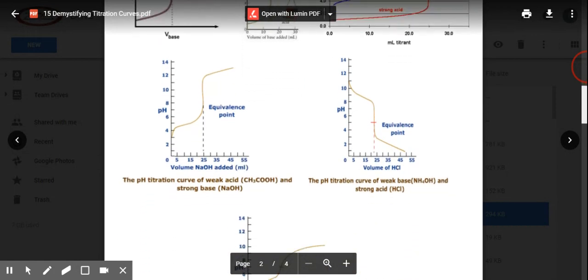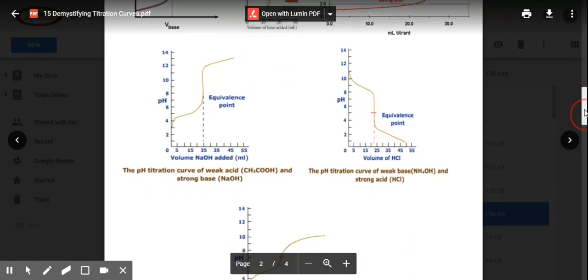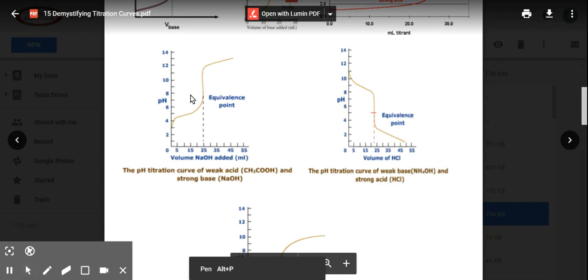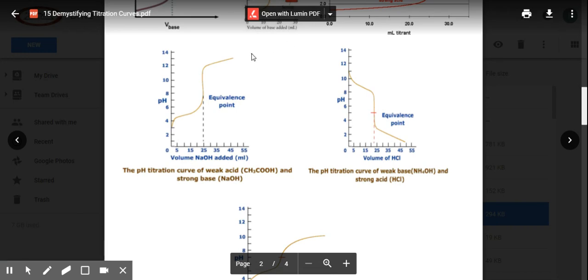Let's look at these two. All right, so first, let's take care of all of the components that we need to know. For step 1, we want to figure out what is the analyte and what is the titrant.